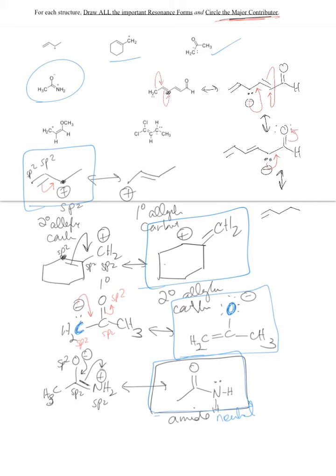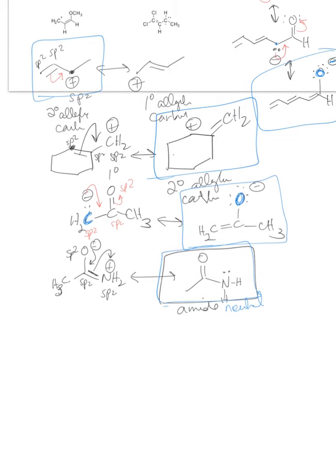Double bond there, double bond there, double bond there, oxygen. And which one is the more stable? The major contributor would be the one here, where the negative is on the more electronegative atom, as opposed to these carbons over here.